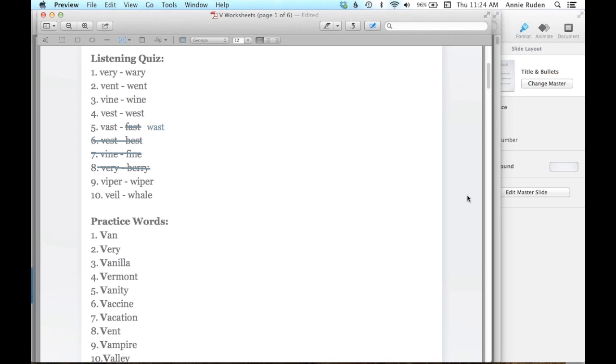So it's really just listening to it and trying to hear those subtle differences between the words. Now, if you have a native English-speaking friend, give them the list of these listening quiz words and say, okay, say one of them, and I'm going to listen. Because the more you do that, it's like exercising your muscles. You're exercising your ears, your listening skills, and it will help you be able to hear the difference.